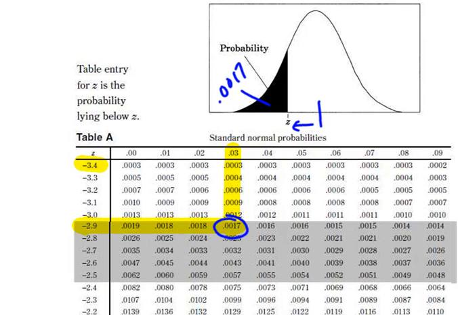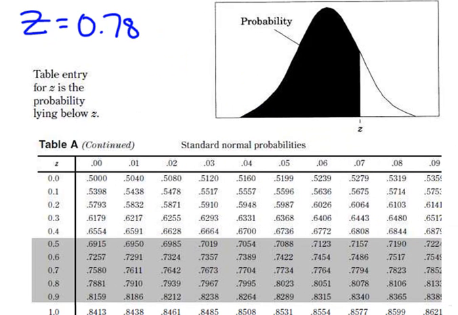And what they want you to recognize here is that if I took, say, a z-score of negative 2.93 that I just found, and it's 0.0017, and another z-score, a positive one this time, 0.78.